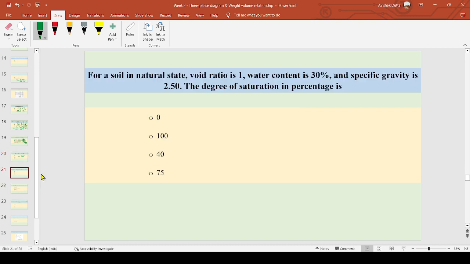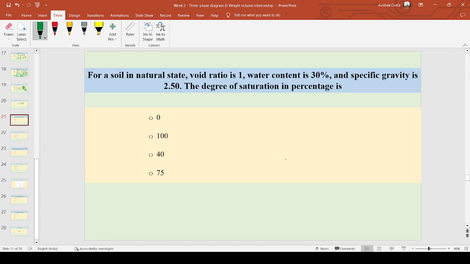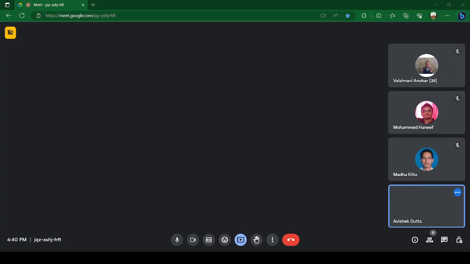For a soil in its natural state, the void ratio is 1, water content 30%, specific gravity is 2.5. The degree of saturation percentage is, what is the answer? 75. How do you calculate it? The formula is S e equals w G, so S equals w G by e, right?